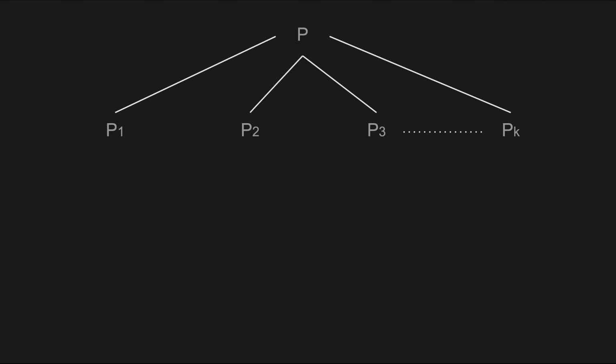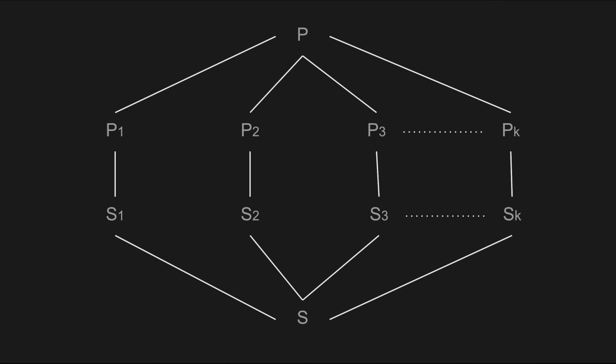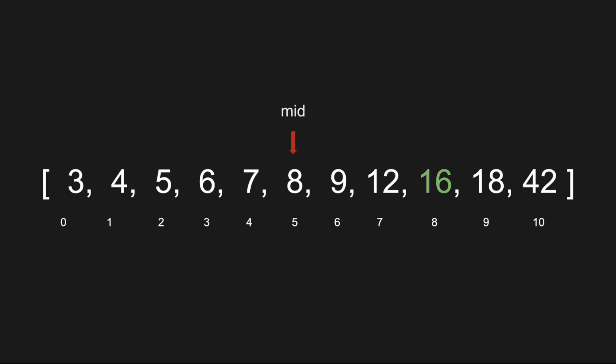It follows the divide and conquer strategy, which divides a problem into subproblems to obtain their solutions, and after that, it combines these solutions to get a solution for the main problem. Binary search repeatedly divides the search space in half by comparing the target value to the middle element. If the target is not found, it eliminates half of the remaining elements in each iteration.